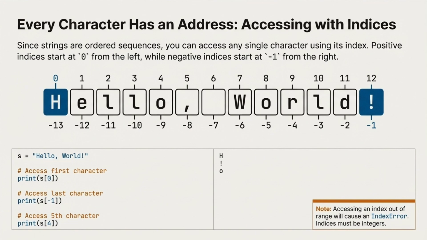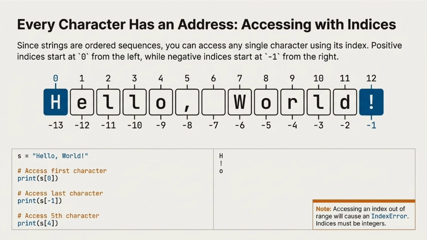If we access index 0, Python returns the letter H because that is the first character. If we access index -1, Python returns the exclamation mark, which is the last character in the string. We can also jump directly to any position we want. For example, accessing index 4 gives us the letter o.